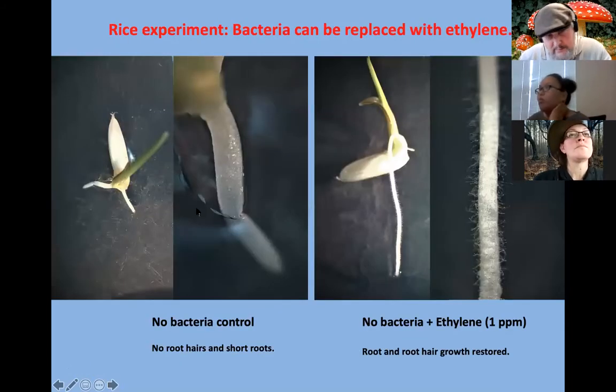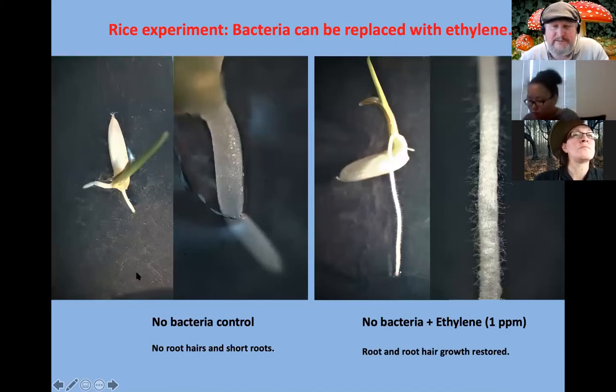And if we look in this experiment in a clean culture, a xenic condition, not in soil, where we can see the root, you can see no bacteria here. Over to the left, you can see this rice. You can see these roots are short. You can also see there are no root hairs on those roots.